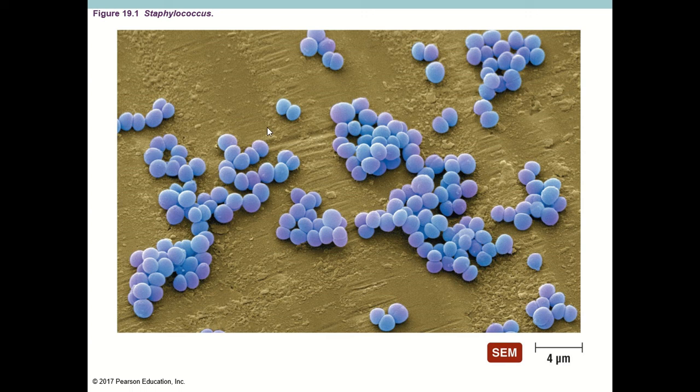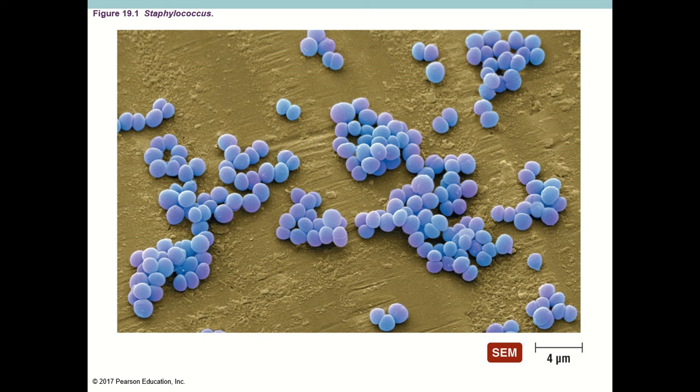Okay, so now what's important about these bacteria is that they form part of our normal microbiota, okay, which means that they live on and in us. So if you were to swab your own skin, you would probably find Staphylococcus there after a 24 to 48 hour, maybe 72 hour incubation period.